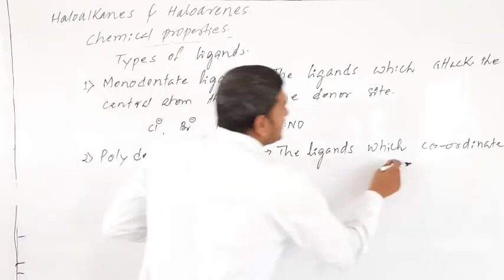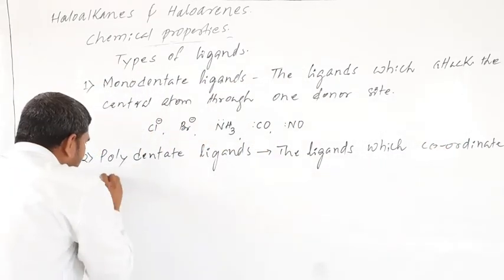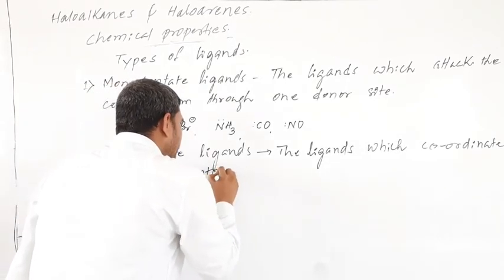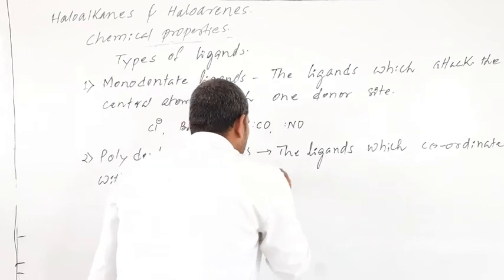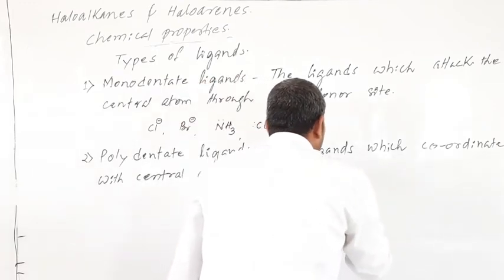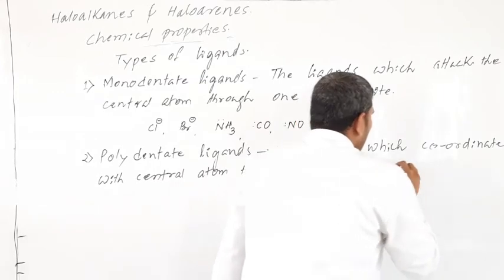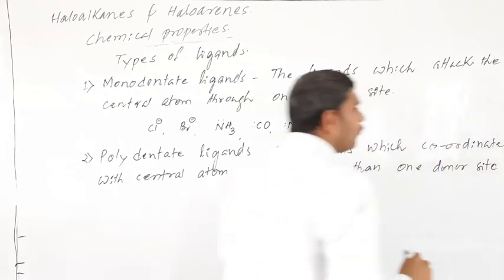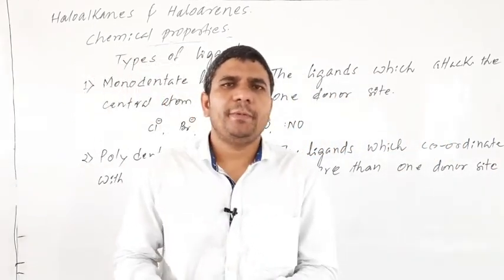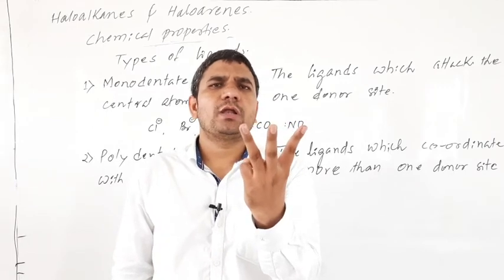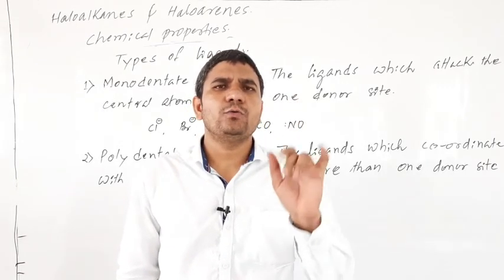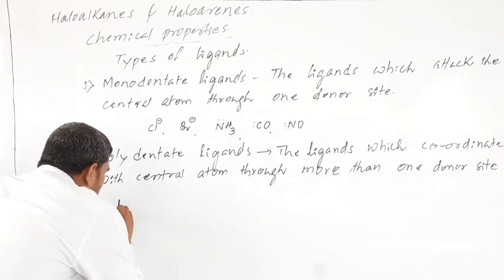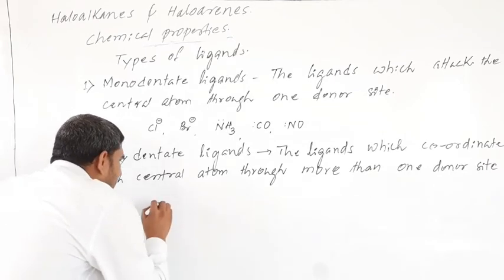The ligands which coordinate with a central atom through more than one donor site. More than one donor site means it may be 2 donor sites, 3, 4, 5, 6 and so on.